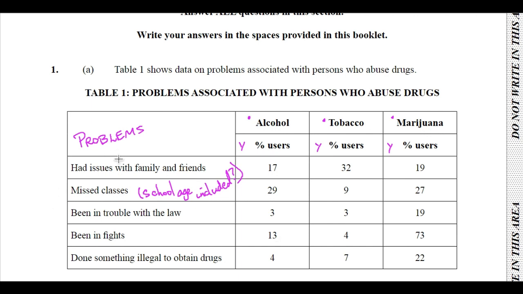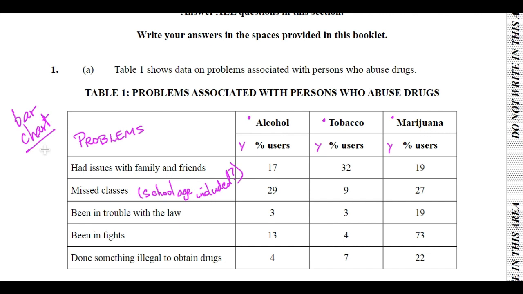This is just giving you the problems and the percentages for each problem. So this kind of data would definitely lend itself to a bar chart. If you're asked to draw a graph, we don't know yet, but the bar chart would be the best choice.